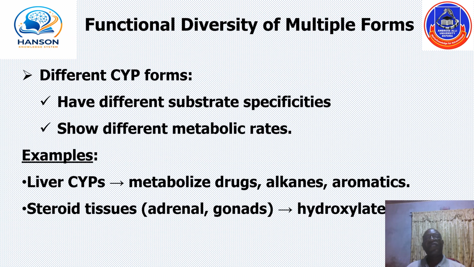Let's look at the functional diversity of multiple forms of cytochrome P450. I mentioned that over 300 forms have been identified. These 300 different forms have different substrate specificities. In addition, they show different metabolic rates.